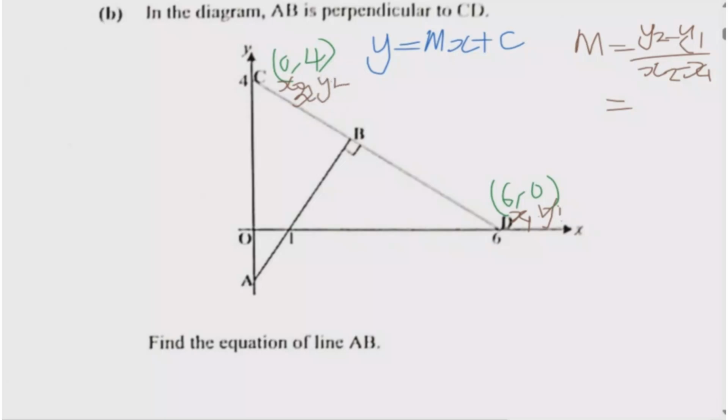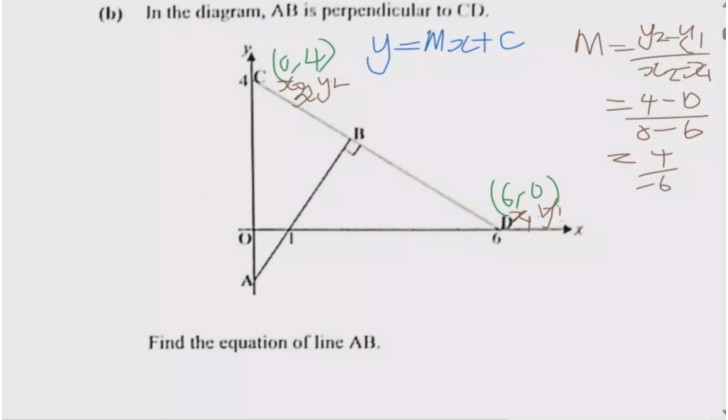So we can see that y2 is 4 minus y1 which is 0, over x2 which we found to be 0, minus x1 which is 6. When we evaluate that, we get 4 over negative 6.